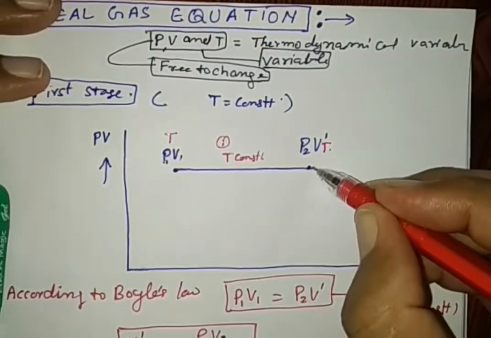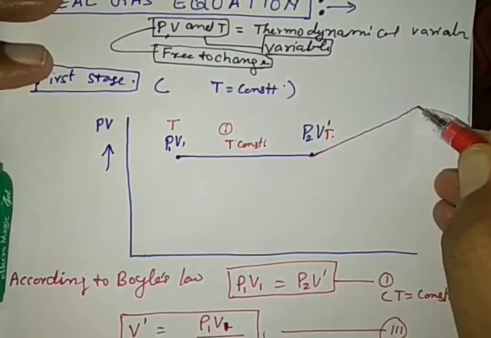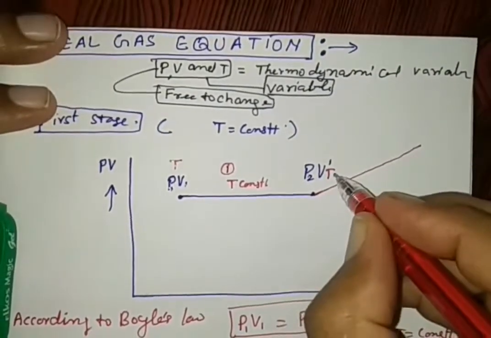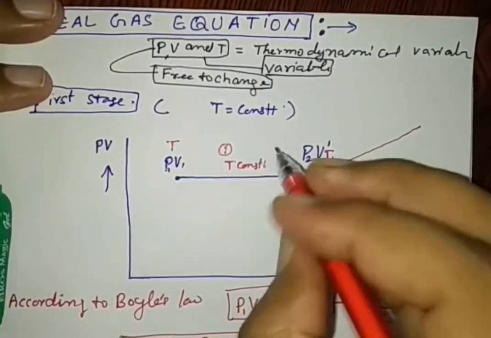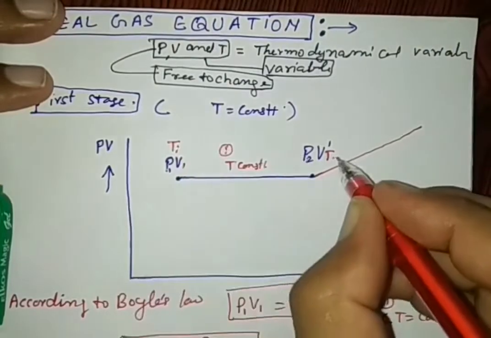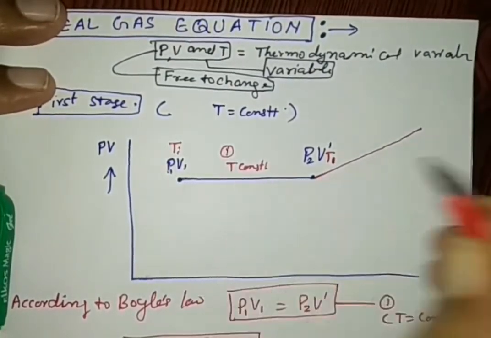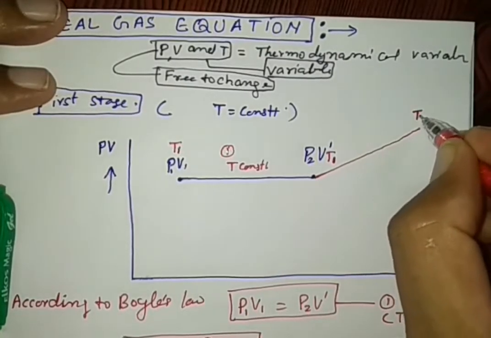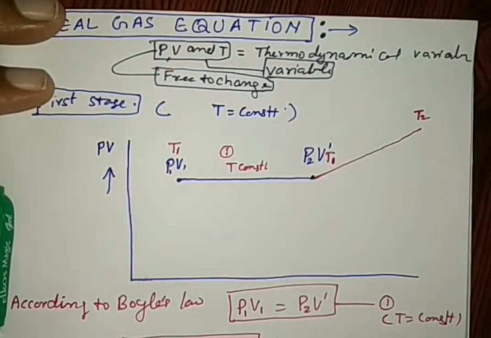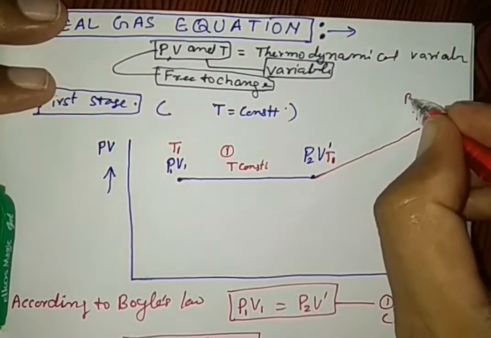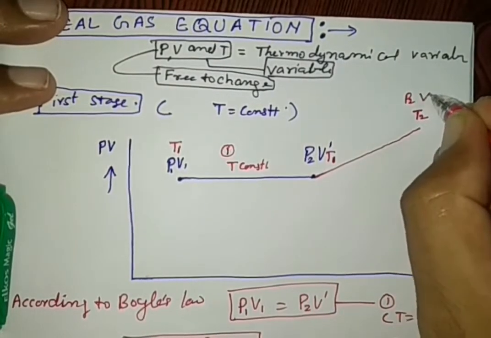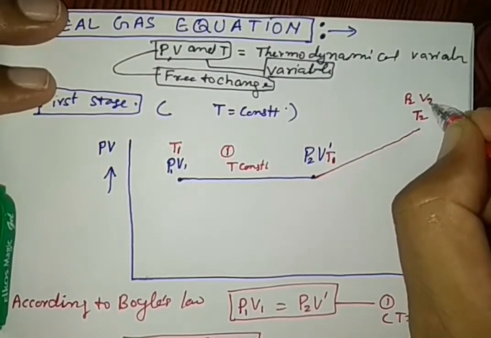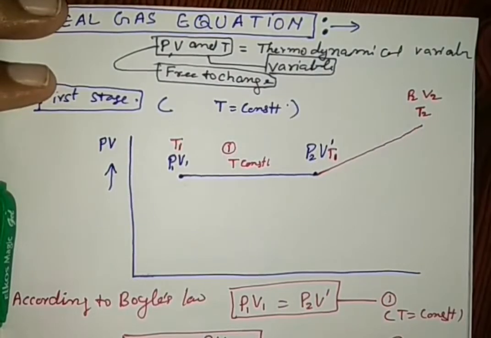Now the temperature increases. Let this temperature be T1. Now the temperature is converted from T1 to T2. Pressure remains the same, P2, and volume becomes V2. Right?